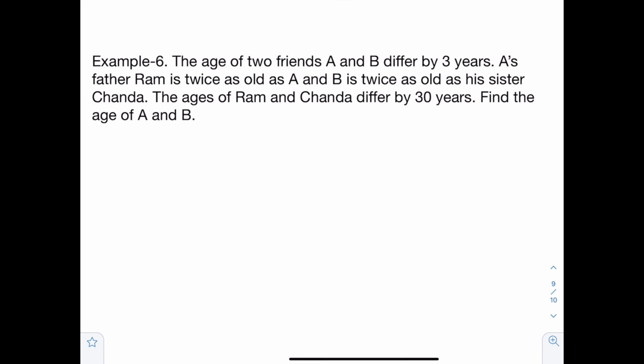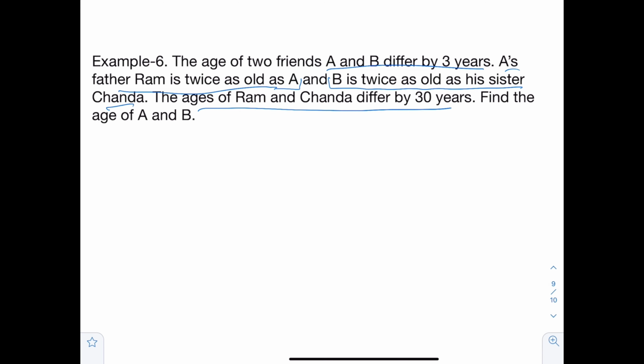Now example number 6. The ages of two friends A and B differ by 3 years. A's father is twice as old as A and B is twice as old as his sister Chanda. The ages of Ram and Chanda differ by 30 years.